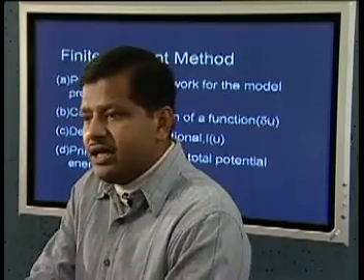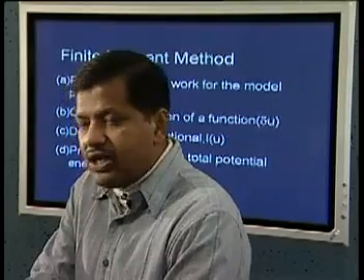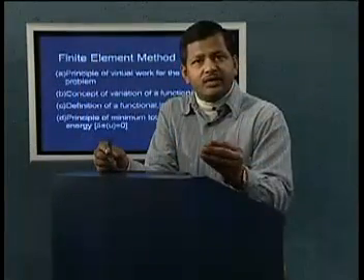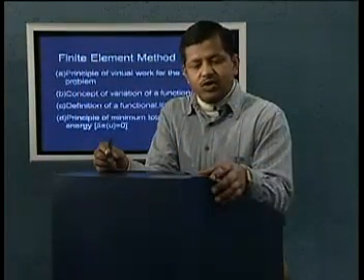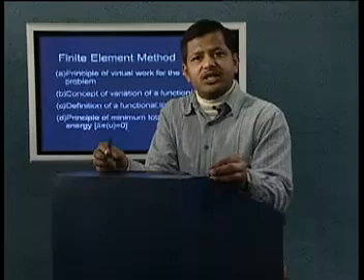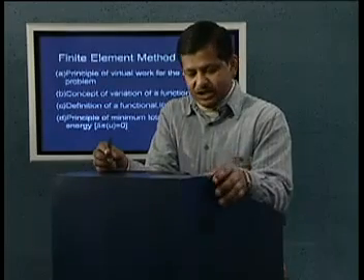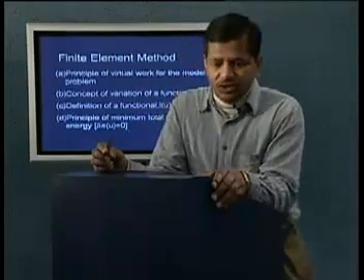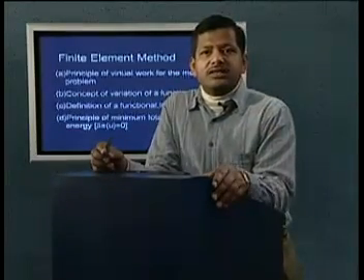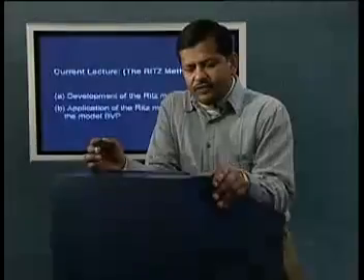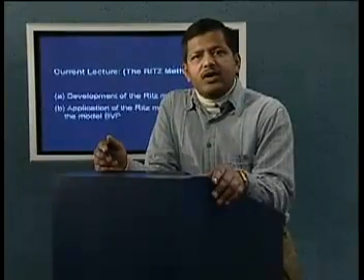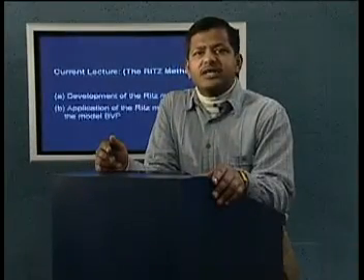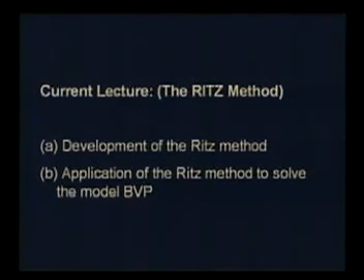And we had said that the corresponding equations in the integral form could be obtained by taking the first variation of the functional, that is del pi, and setting it equal to 0. That is, we are looking for the function u which minimizes this functional pi. After we had done all this, we had also introduced the Ritz method as one of the techniques to get an approximate solution to the problem of interest.